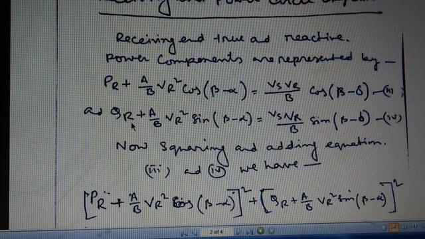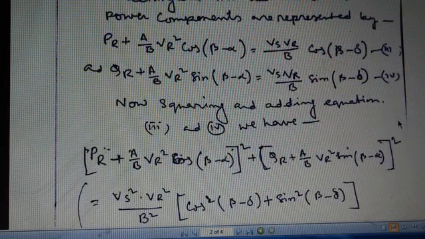Similarly, QR plus A by B Vr square sin beta minus alpha equals Vs into Vr divided by B sin beta minus delta. That is equation number 4, also discussed in the previous classes.